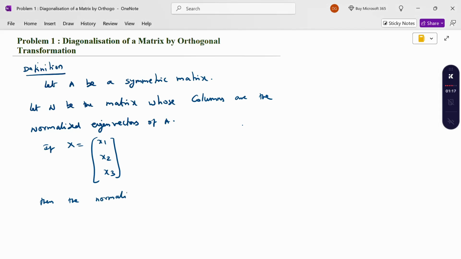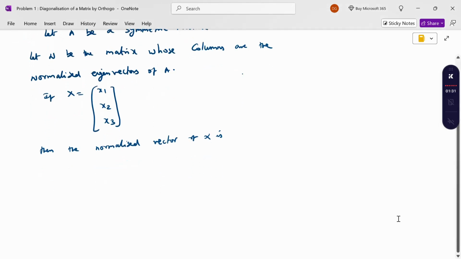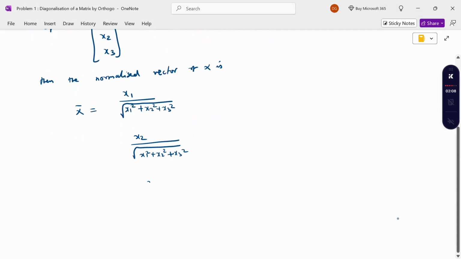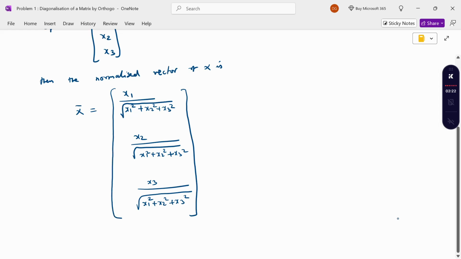The normalized vector is x1 divided by the square root of x1 square plus x2 square plus x3 square, then x2 divided by the same square root, and then x3 divided by the square root of x1 square plus x2 square plus x3 square. So this is our normalized vector of x.